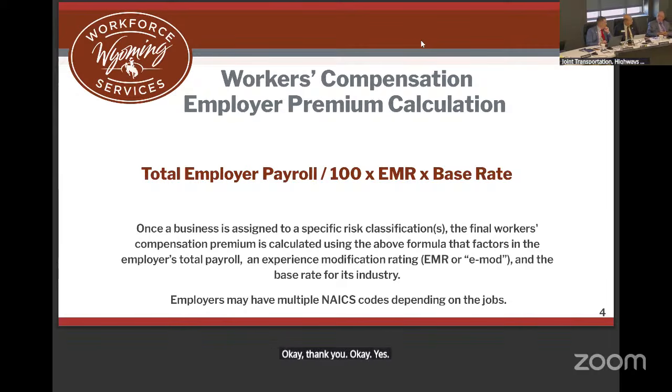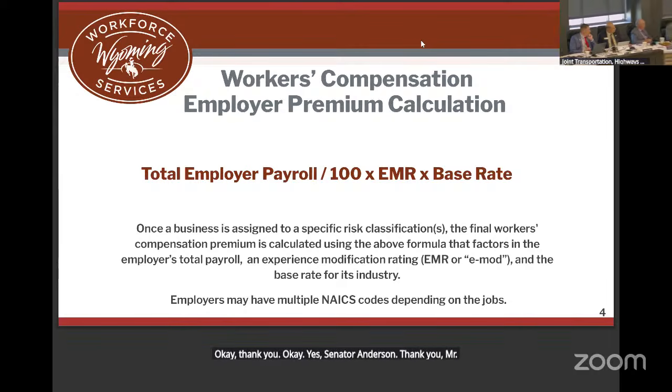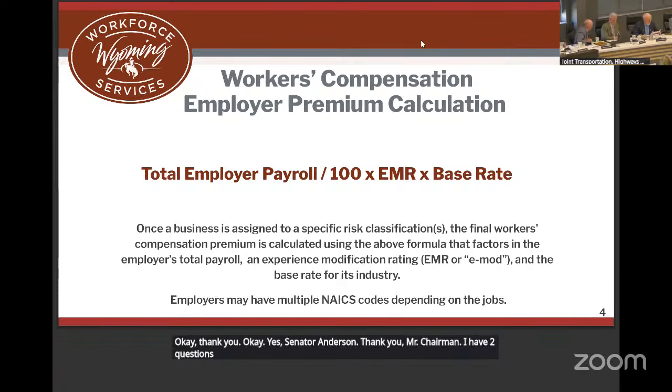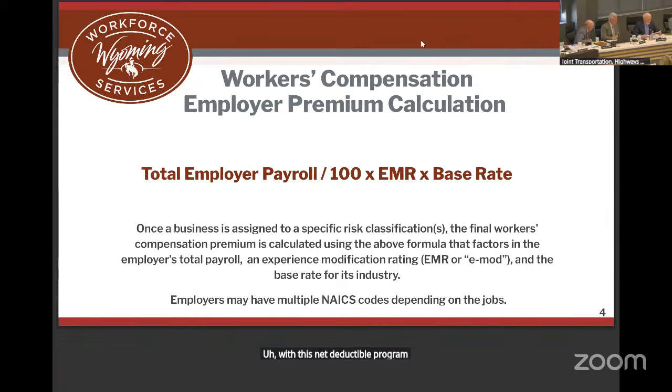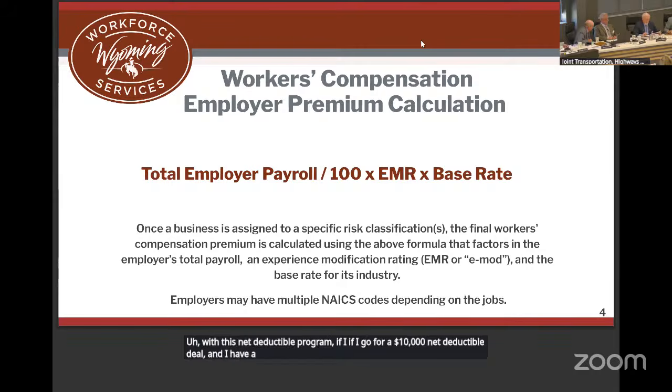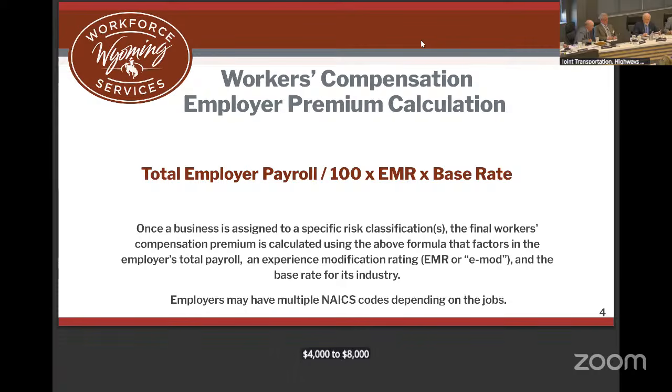Yes, Senator Anderson. Thank you, Mr. Chairman. I have two questions. With this net deductible program, if I go for a $10,000 net deductible deal and I have a lot of $4,000 to $8,000 claims that I'm paying, does that go against my EMR or are those negated on the EMR?